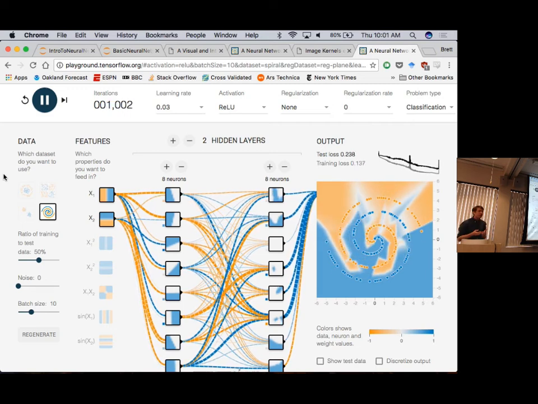A better approach is to take pieces of your data that we call batches. I'll talk about this a bit more in the next session. Take little batches of your data, compute the gradient for that batch, and then do an update just for that one batch. That's called mini batch gradient descent or batch gradient descent.